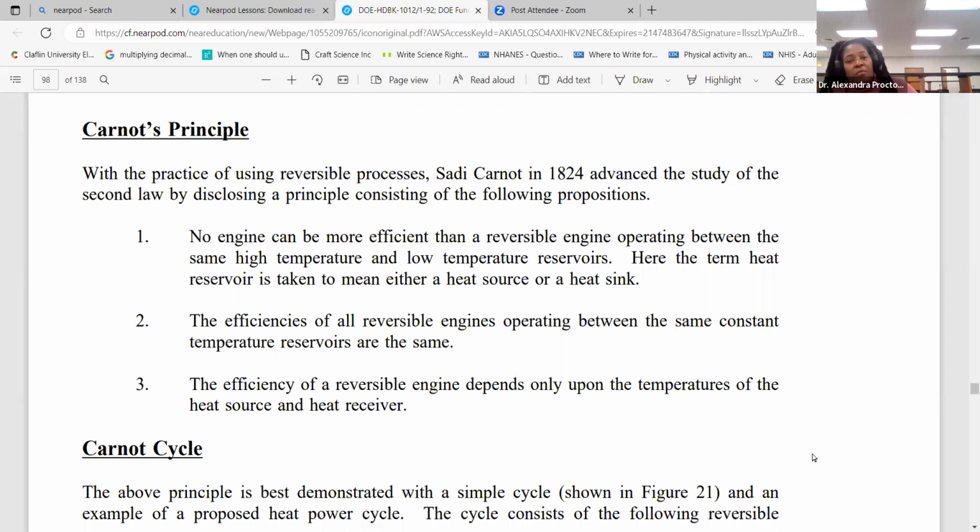And here the term heat reservoir is taken to mean either the heat source or heat sink. Two, Carnot says that the efficiency of all reversible engines operating between the same constant temperature reservoirs is the same. So they all have the same efficiency. And the efficiency of a reversible engine depends only upon the temperatures of the heat source and the heat receiver.